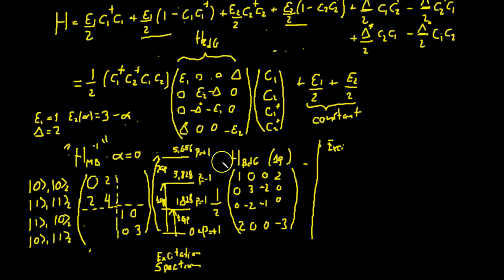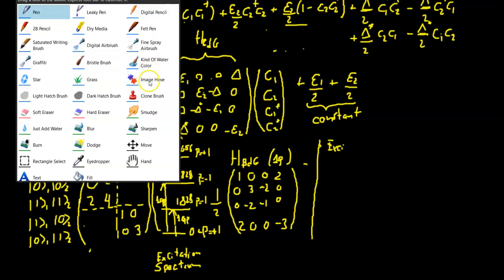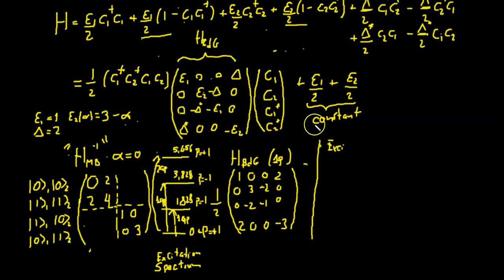Let's call it that, like that. Now, how about let me get rid of this. I already talked about the excitation spectrum here. Let's do this. Let's get rid of this line. Now let's see what we get from the Bogoliubov-de Gennes part of the Hamiltonian.